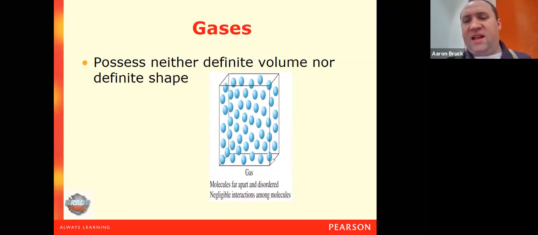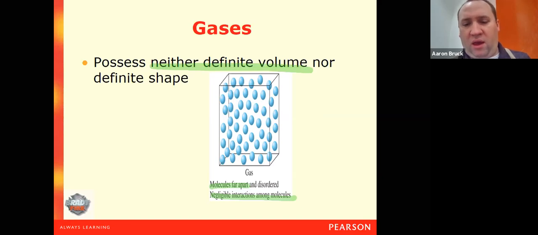So the gases that we're seeing here, we have molecules that are far apart, and do not interact. And as a result, they don't have a defined volume. And they don't have a defined shape either because of the disorder.